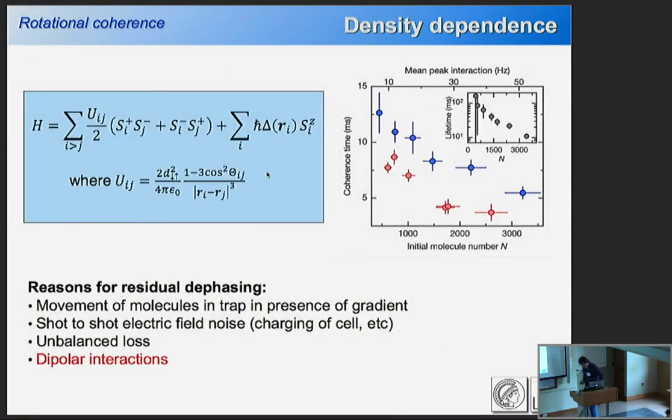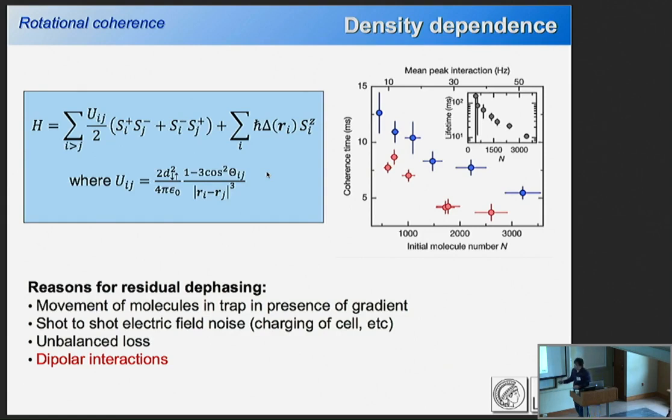So we use a very simple model to try to reproduce the experimental result. We only consider the dipolar exchange interaction and a homogeneous spatially dependent detuning of the microwave transition.